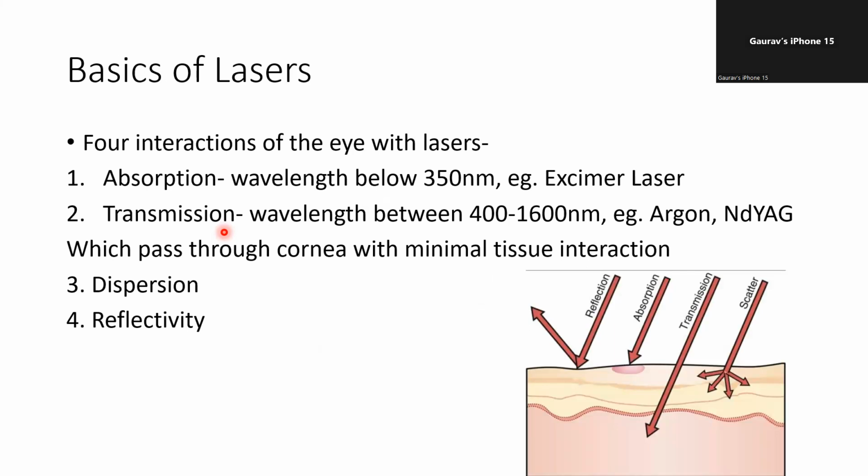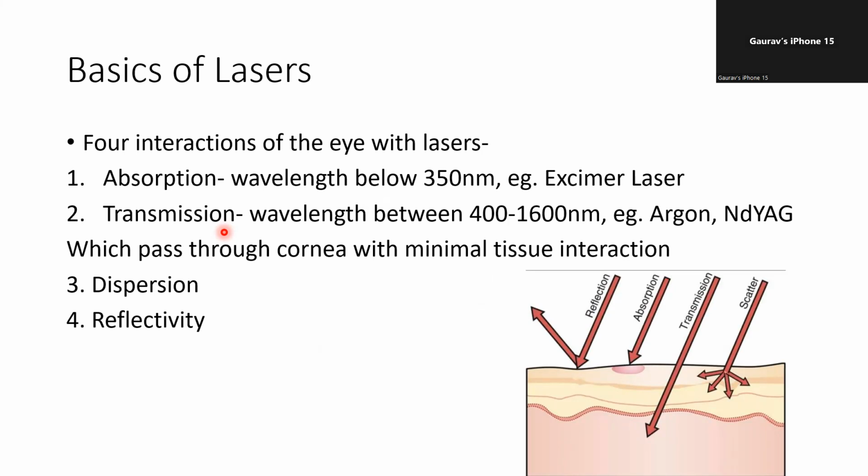A bit about how the lasers interact with tissue. So once the laser falls onto the cornea, there are four possible outcomes. Either it can get reflected, it can get absorbed, it can get transmitted, or it can get scattered. For our discussion, the important two are absorption and transmission.